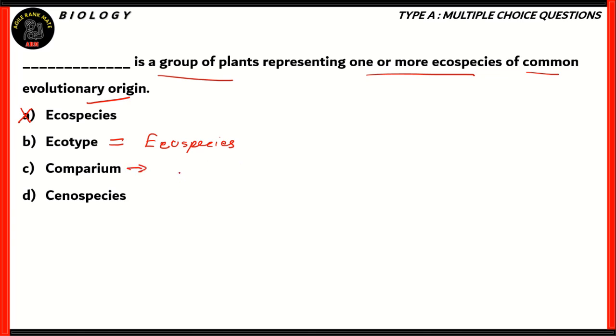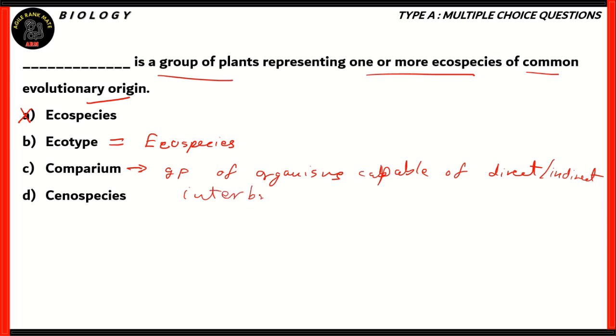A comparium is a group of organisms capable of direct or indirect interbreeding, whether the offspring is fertile or not.